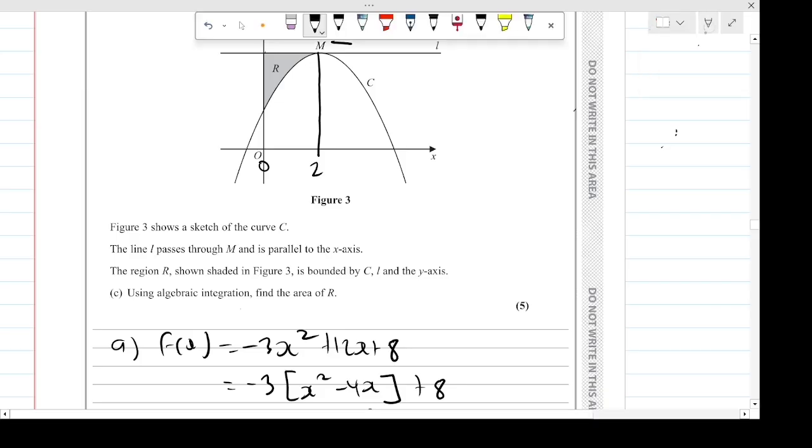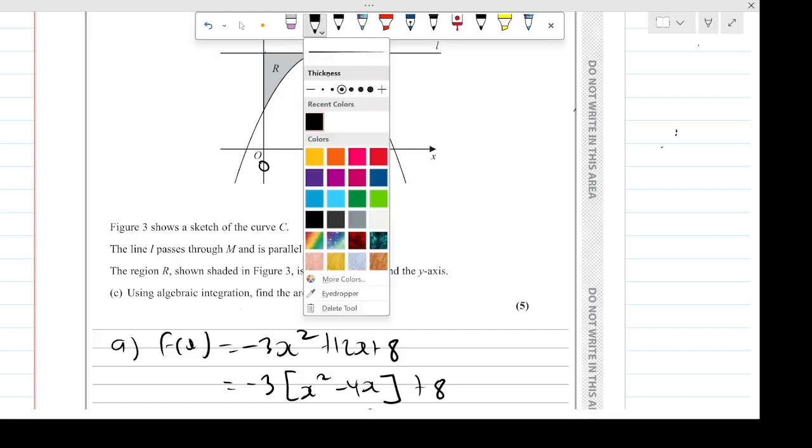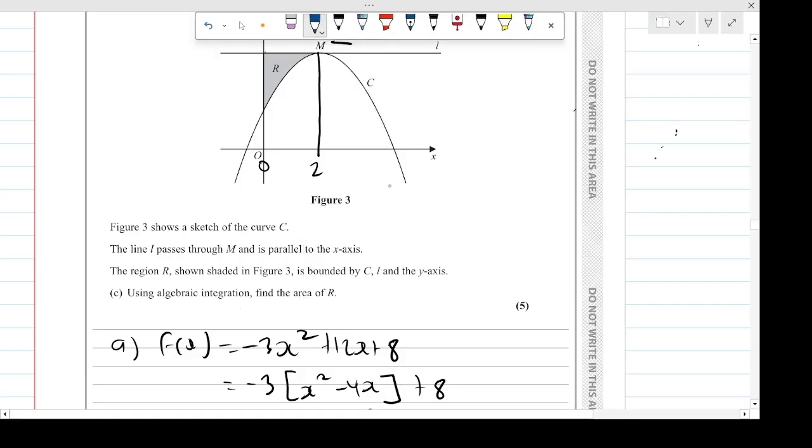So what we've got here is essentially, if I use a different colour, let's say blue. Firstly, you can consider the area of R as the area under the line between 0 and 2, which hopefully you recognise is just going to be this rectangle here.